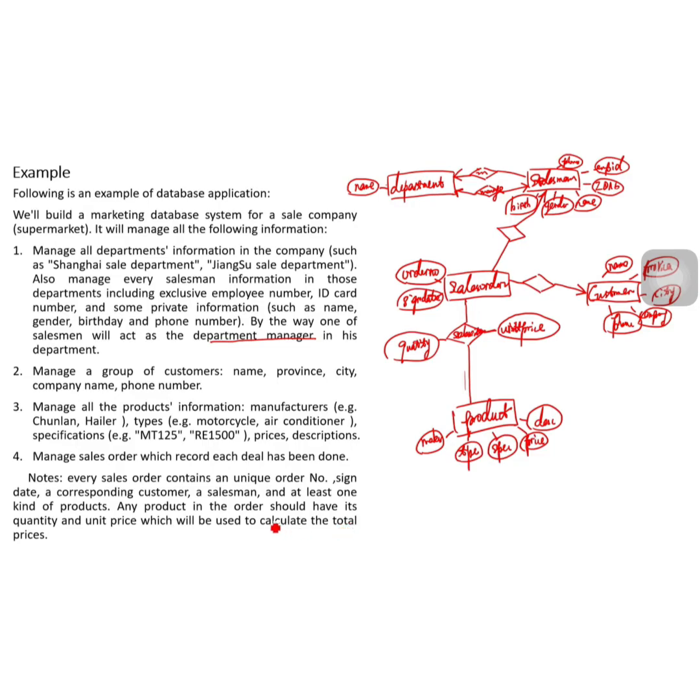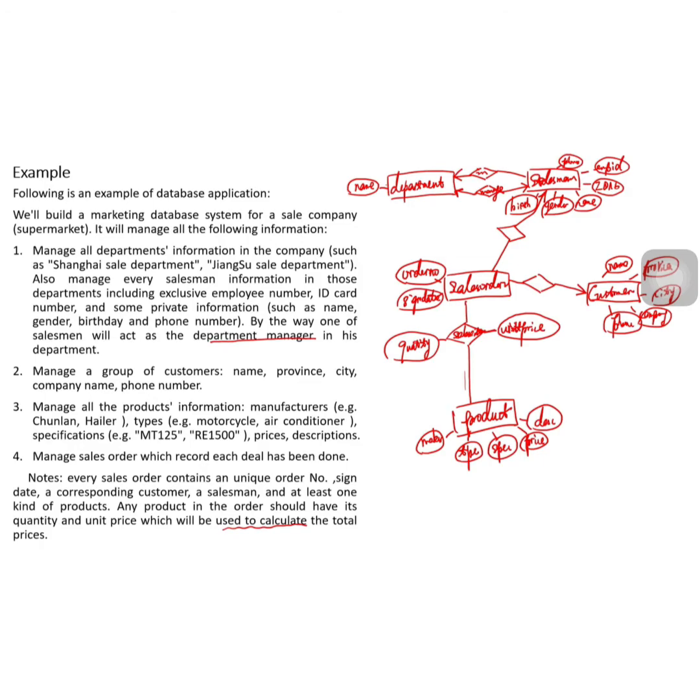So total price is not necessary to record in the database, because we can calculate it by quantity and unit price. If we record the total price, it is redundancy.